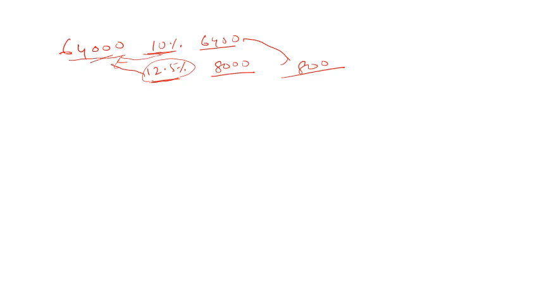So CI for 2 years will be 6400 plus 8000 plus 800. That is coming out to be 15,200, right? I hope this part is clear.